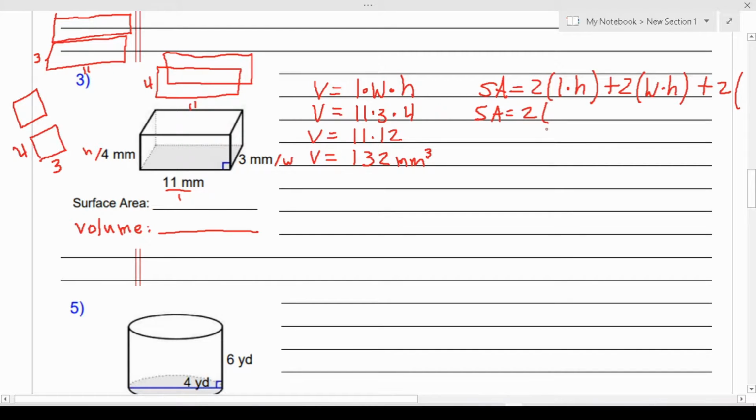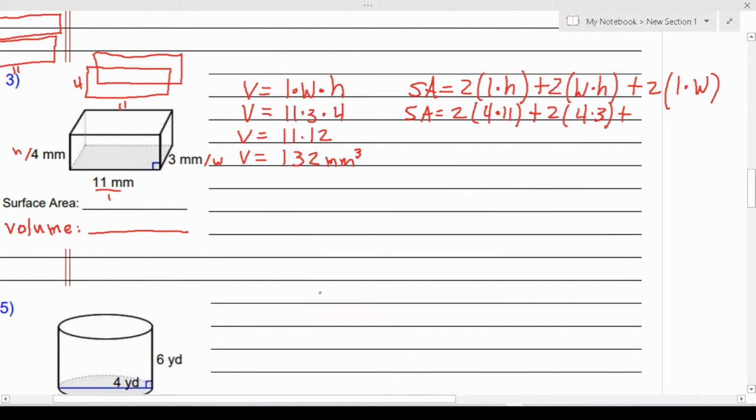We have length times height, so that's 4 times 11, plus 2 times width times height, that's going to be 4 times 3, plus, finally, length times width, which is 11 times 3. All right, let's go ahead and work this out.